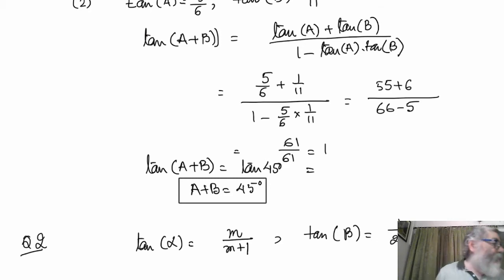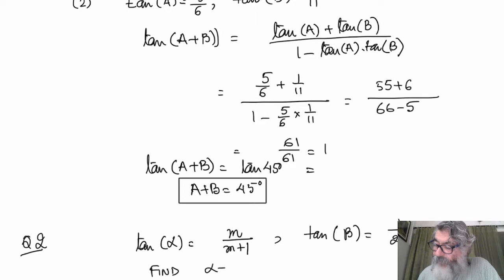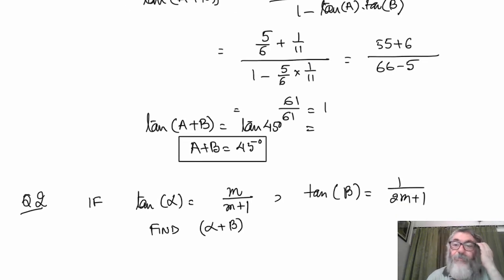What he wants in this question is, what is the value of alpha plus beta? Find alpha plus beta if this is given. He has given you the value of tan alpha, he has given you the value of tan beta, and he wants you to find what will be the value of alpha plus beta.